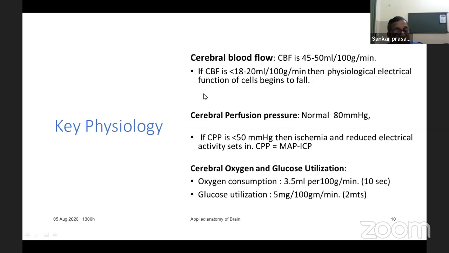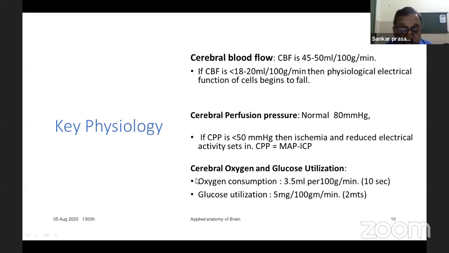If it drops to 20 ml per 100 grams per minute, then the physiological electrical function of the cells begins to fade. Normal cerebral perfusion pressure is about 80, which is the mean arterial pressure minus ICP. If cerebral perfusion pressure falls below 50, then ischemia and reduced electrical activity set in.